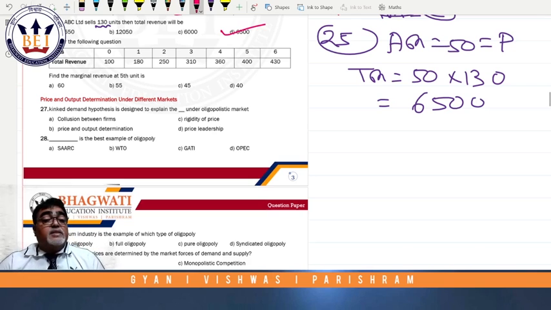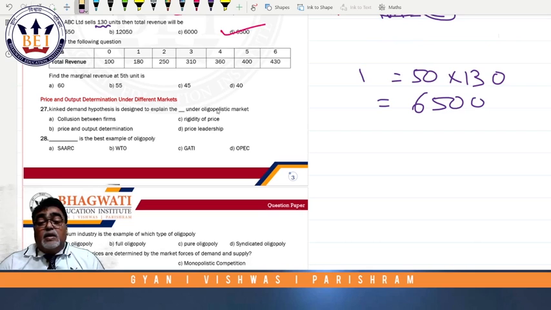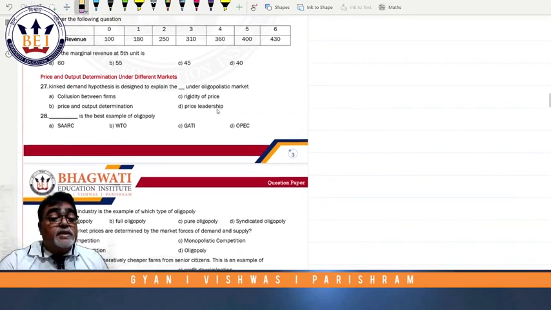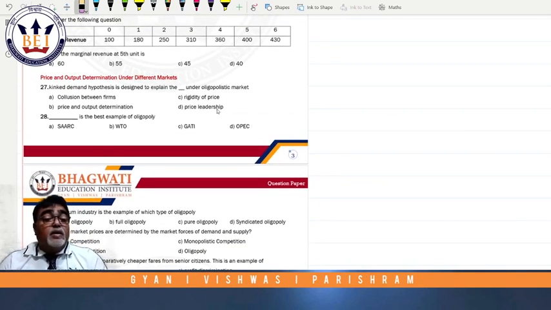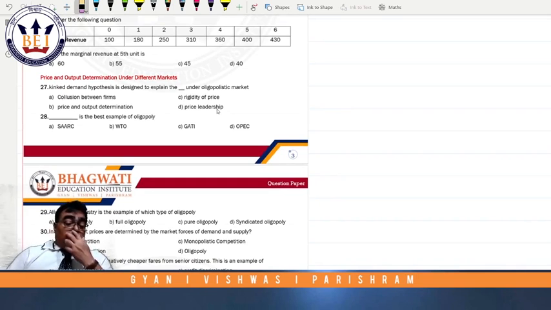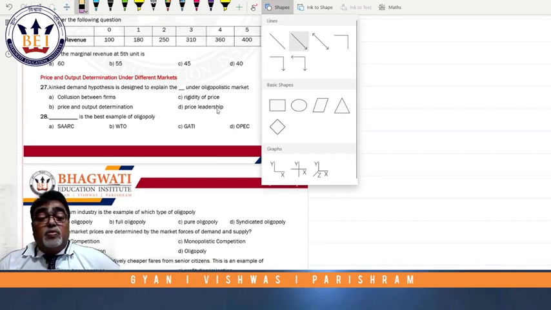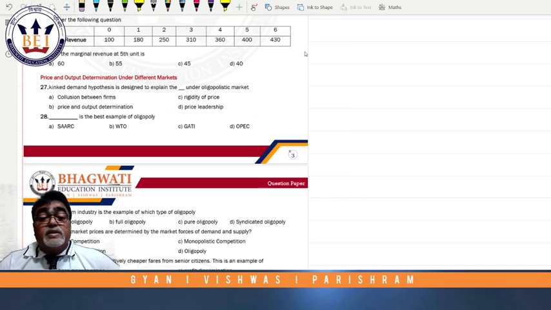Now 26. Let me rub this so that I can make this table. It would be helpful for you to understand. 26. Slowly. They ask you to find out marginal revenue.